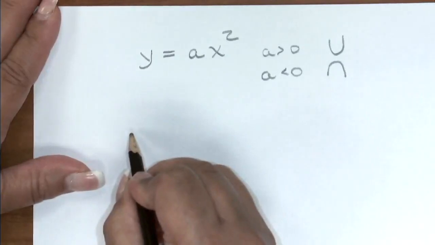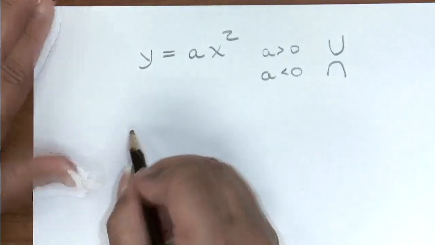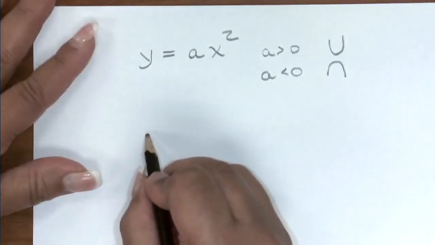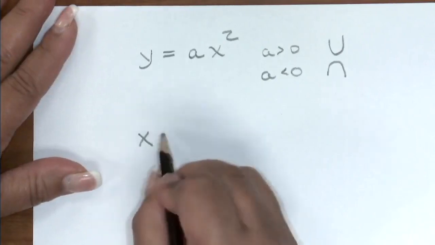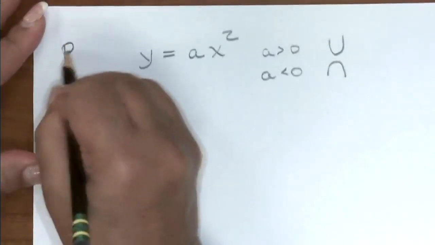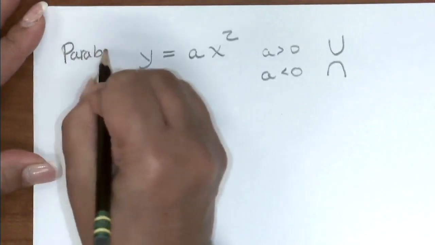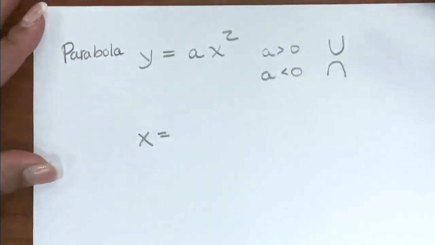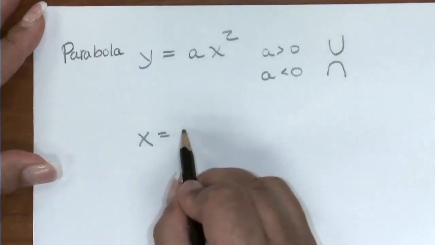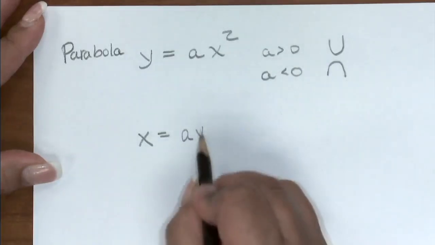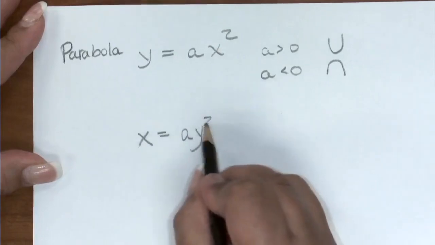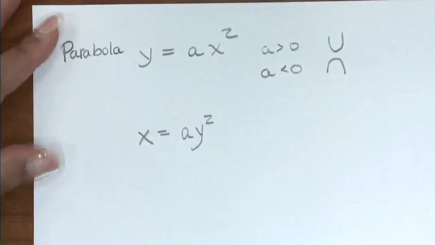The other kind of parabola you can have, which is not a function, but they might ask you to graph it, is the sideways parabola, where the x would be here. So these are the vertical parabolas. They either open up or down. If they take the square and instead of putting it on the x, they put it on the y, then you're into the sideways parabolas.